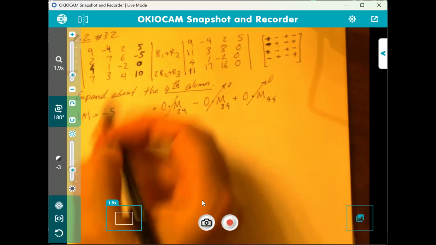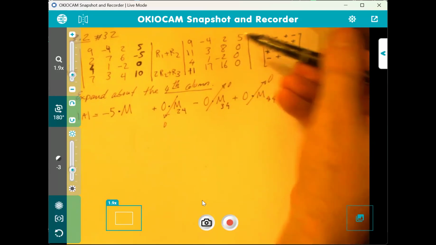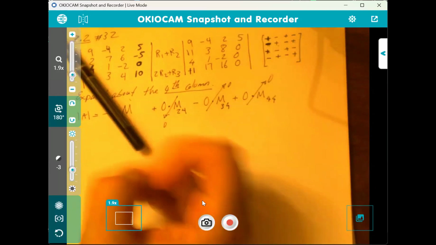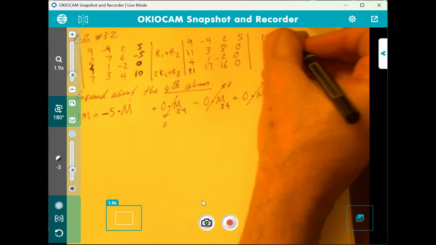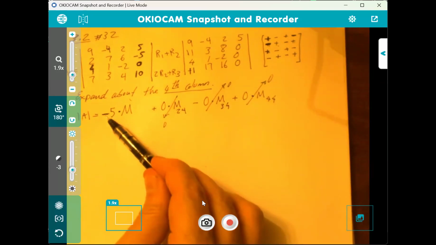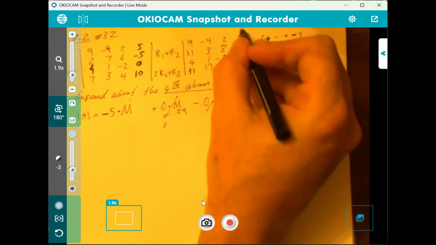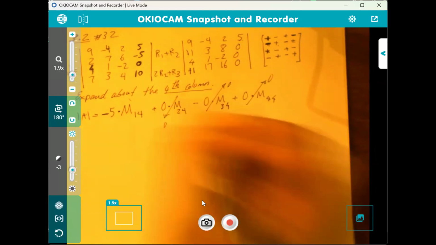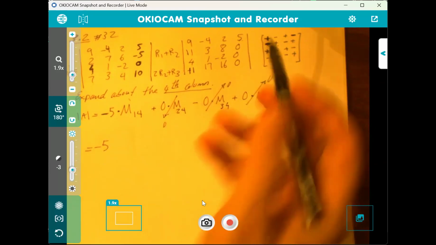And what do we have left? Negative 5 is going to multiply by a minor of 5. The reason it's negative, by the way, is because of the sign here. You see that negative? That carries over here. So it's going to be 5 times minor of first row, fourth column, M1,4. And what does the minor M1,4 look like?